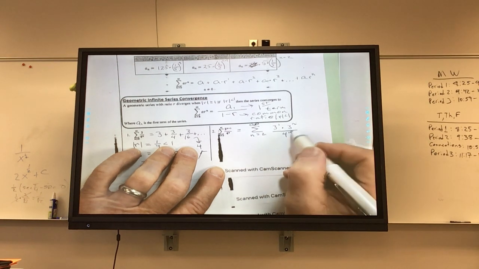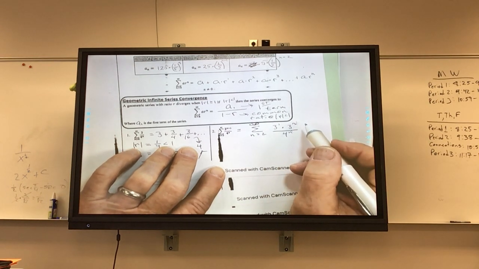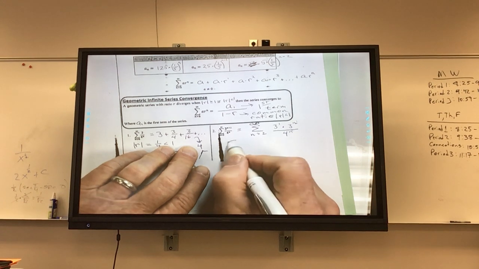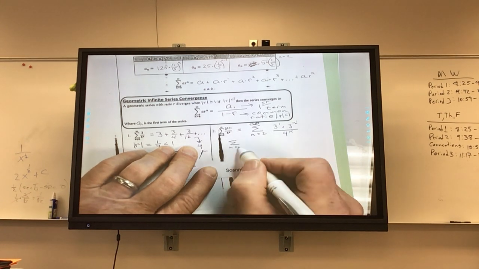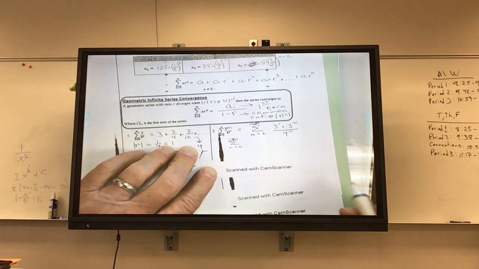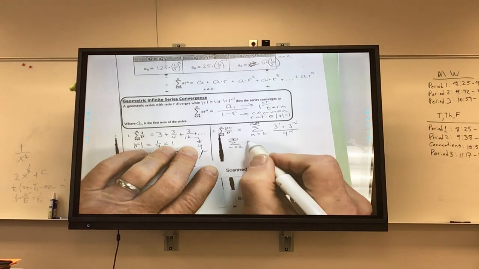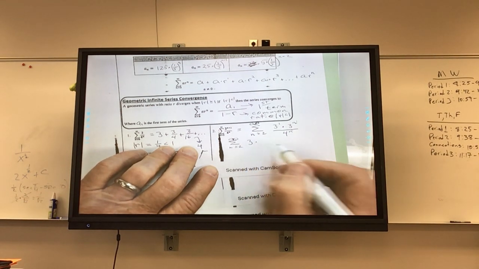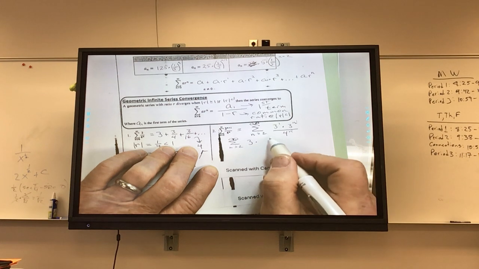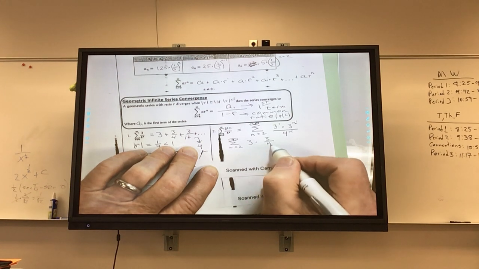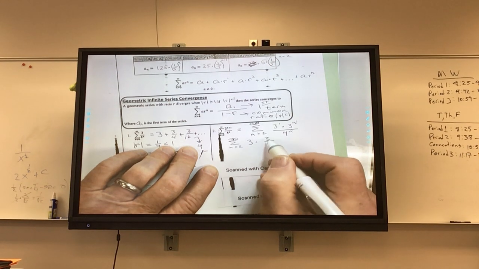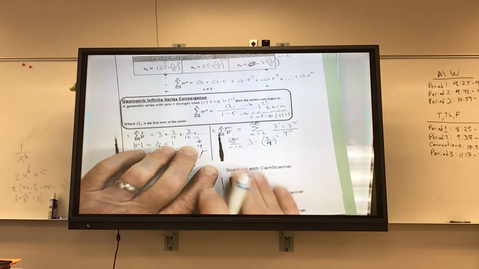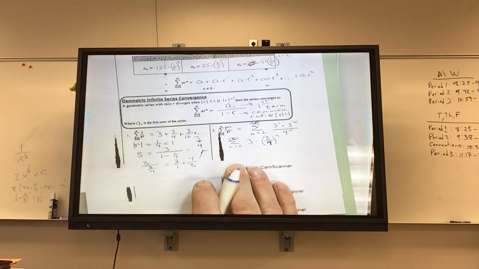Now these have the same exponent, correct? So then I can rewrite this as the sum from n equals 2 to infinity of 3 times 3/4, that's supposed to be a 4, to the n power. Everybody okay with that?